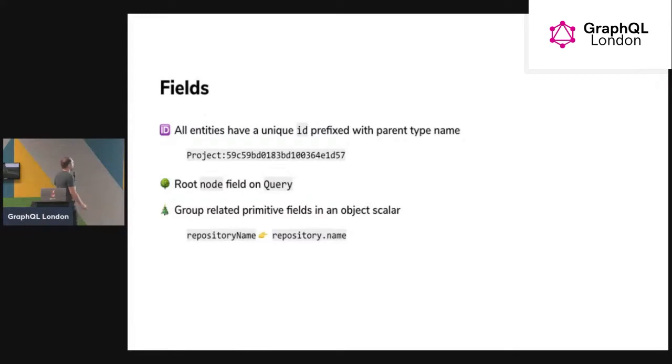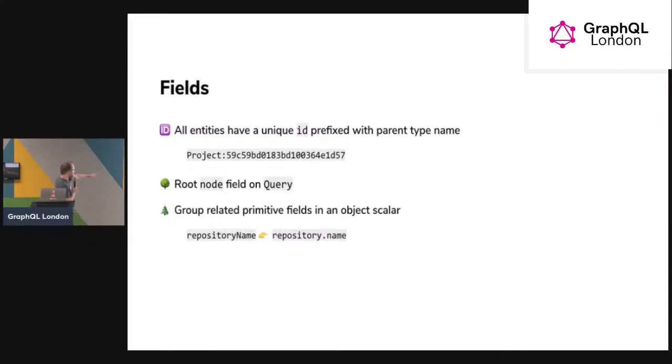And then another little thing: when you're evolving an API, you quickly get a whole bunch of related fields. Say you have an account object, and you have a repository name, a repository ID, and a repository something else.